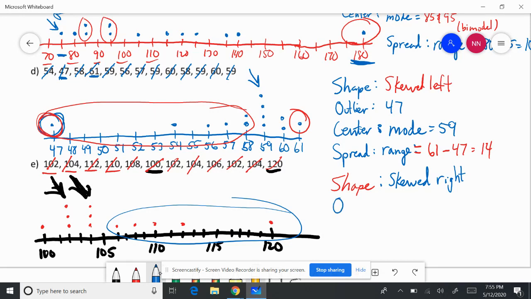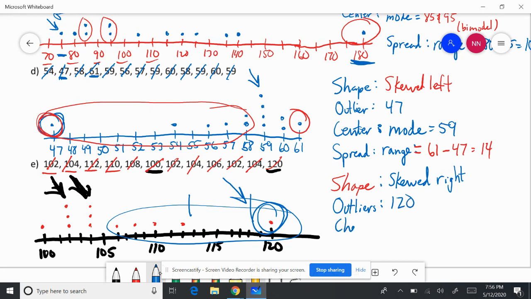Next thing that we're going to do is look at our outliers. We only have one outlier. There's one point that deviates away from the rest. These ones are about the same amount spaced out, so we're not going to call those outliers. This one is far away from the rest of the data. So our outlier would be 120.